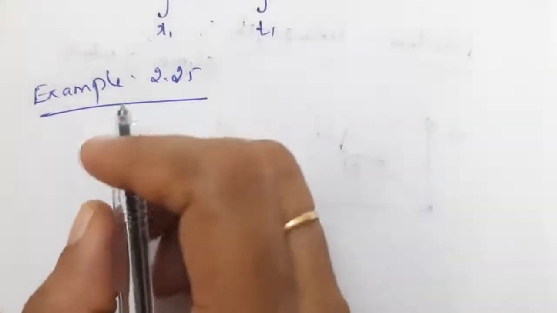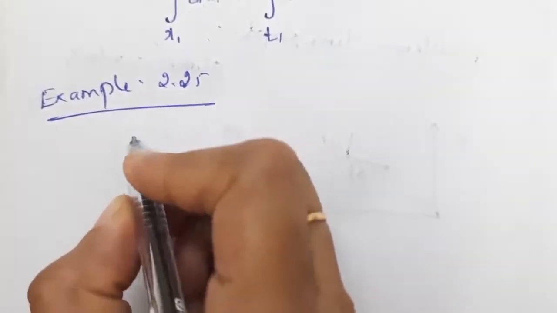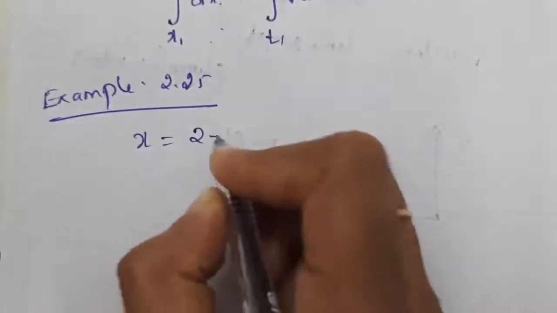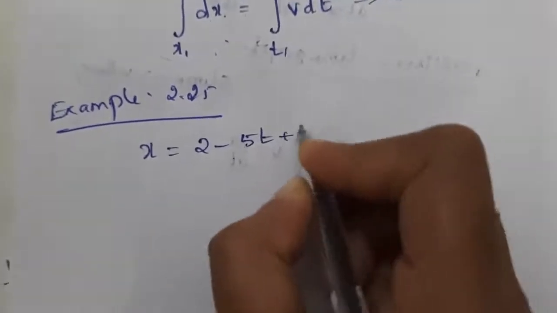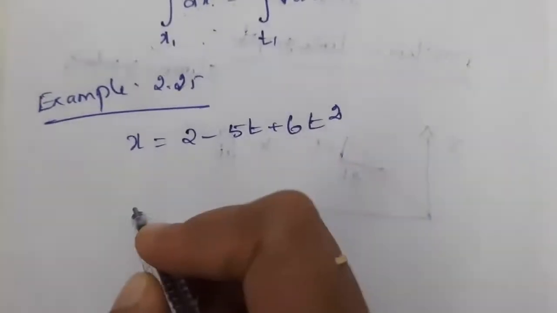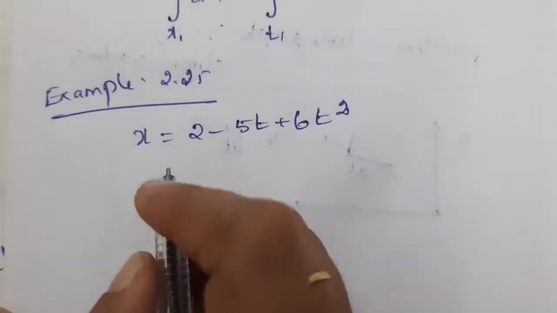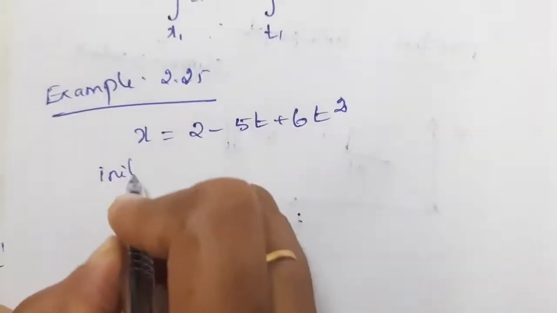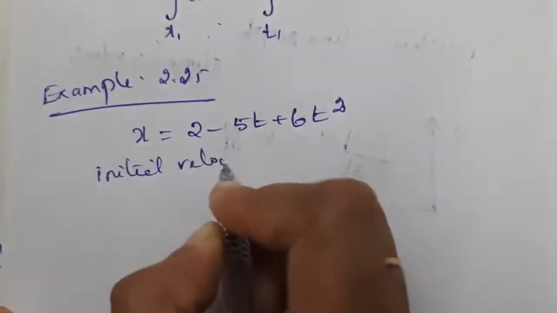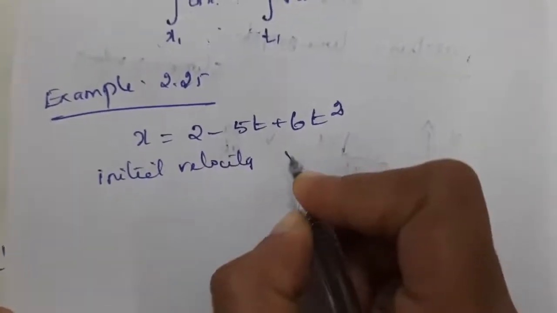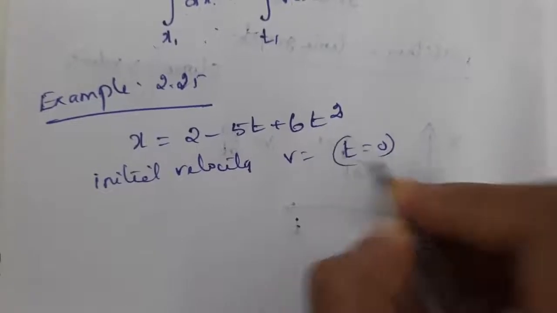So the displacement is given. That is the position, where x is equal to 2 minus 5t plus 6t square. Now they asked to calculate the initial velocity. What is initial velocity? That is the velocity at time t equal to 0.